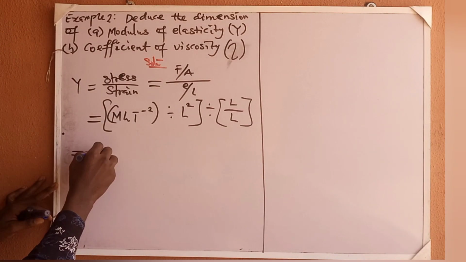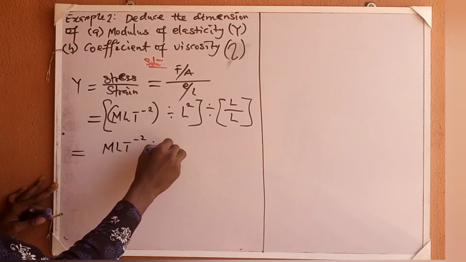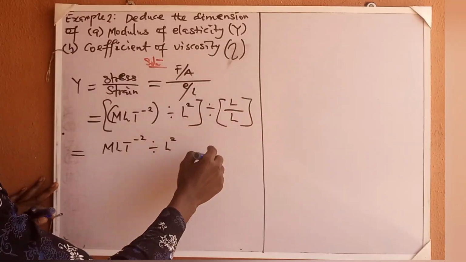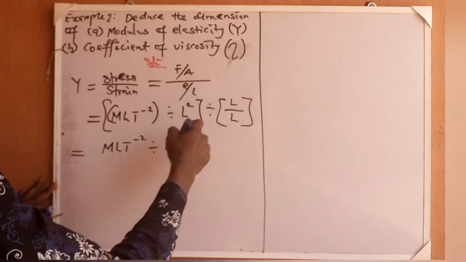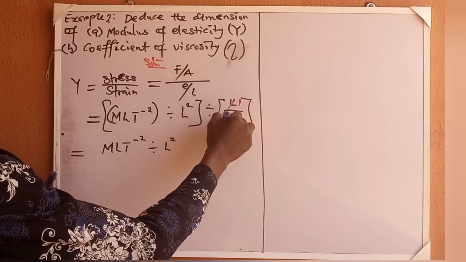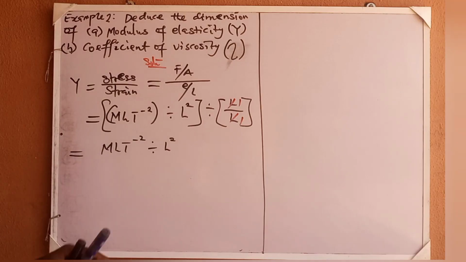So this gives us mLT to the minus 2 divided by L squared. Then here we have L over L, which is 1, so this term is gone. We have 1 over 1, it's out. So we have this to compute.